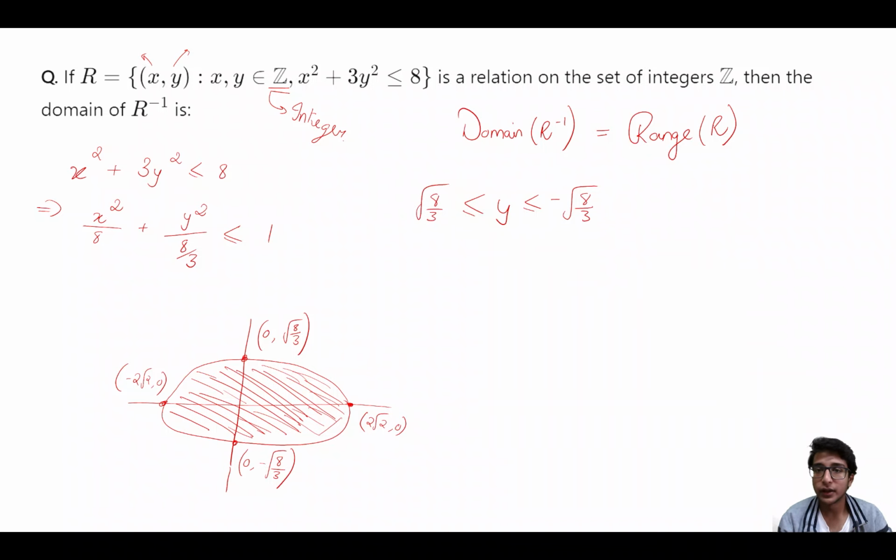Now how can I do it? I have been told that Y belongs to integers. That means all integer values that lie in this range would simply become my answer. So if I was to replace this in terms of, let's say, an approximate value, 8 by 3, what can I write it down as? 8 by 3 would simply become 2 point something value which is greater than 2.5, right? 2.5 something.